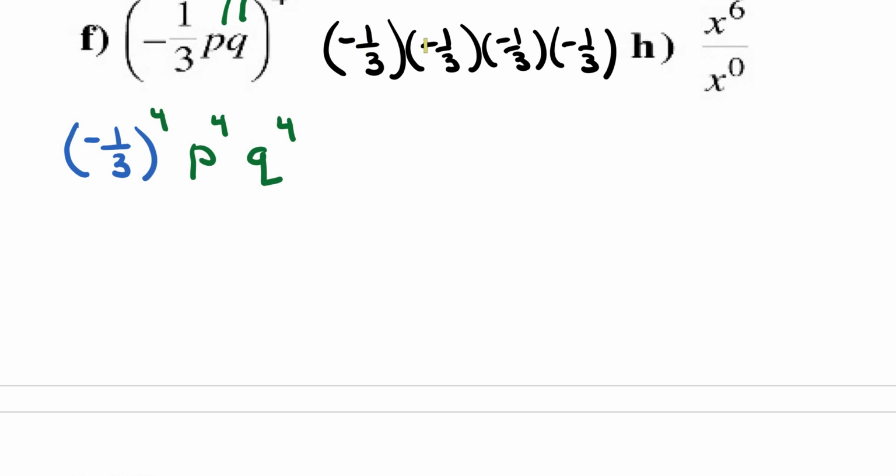You'll notice that there's an even number of negative signs, so the final answer will be positive, and just multiply the bottom, so 3 times 3 times 3 times 3. So if we compute all that, I believe we'll get 81 there, so 81 on the denominator, and then if you multiply the 1 by 1 by 1 by 1, you just have a 1 on the top, so 1 over 81, and then everything just tags along as p to the power 4 and q to the power 4.